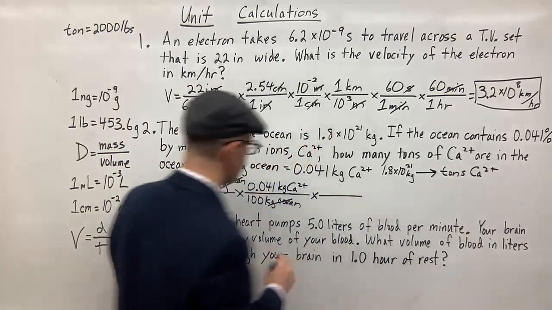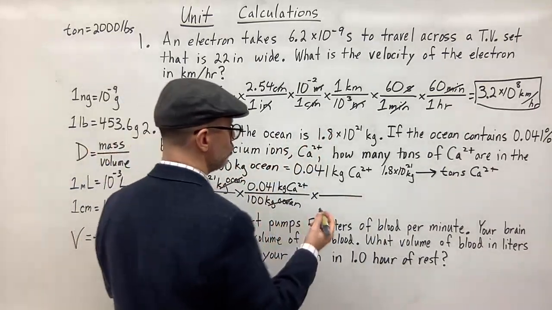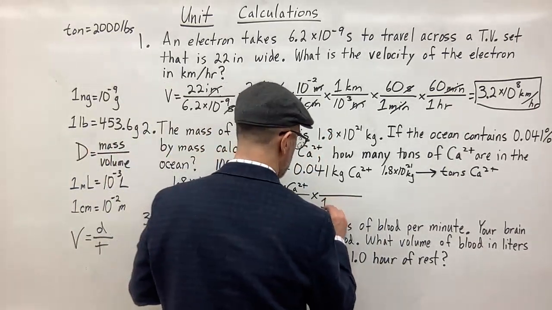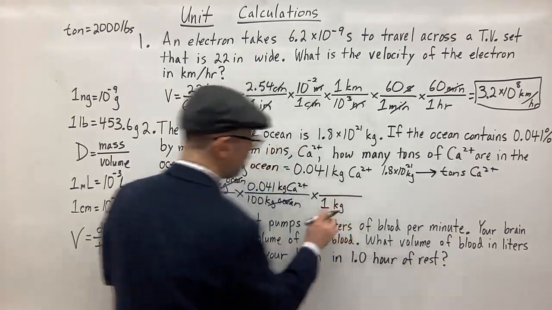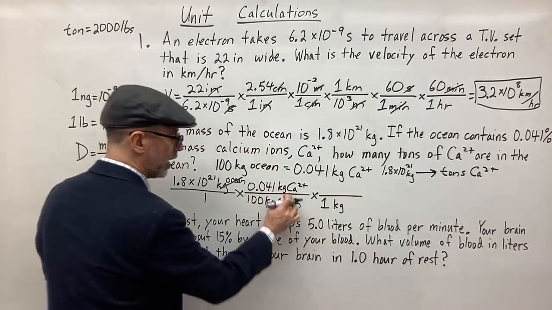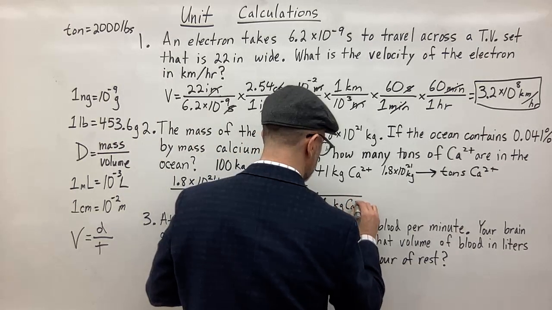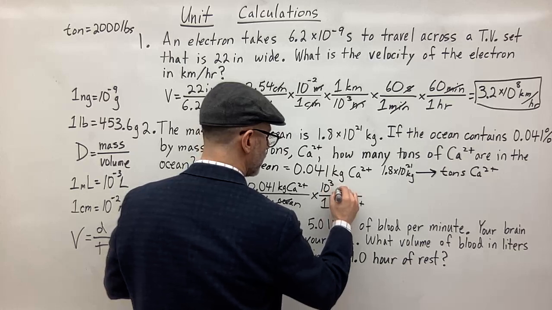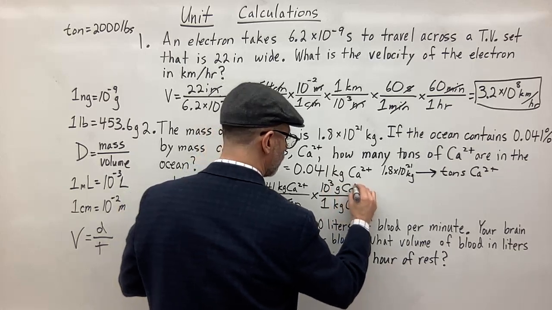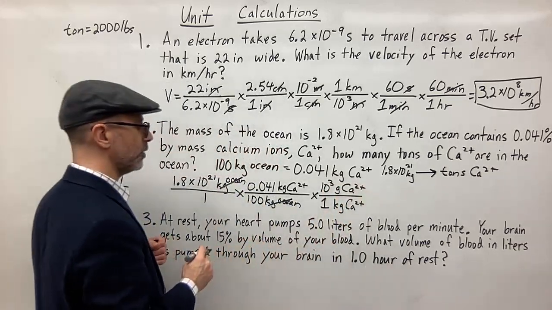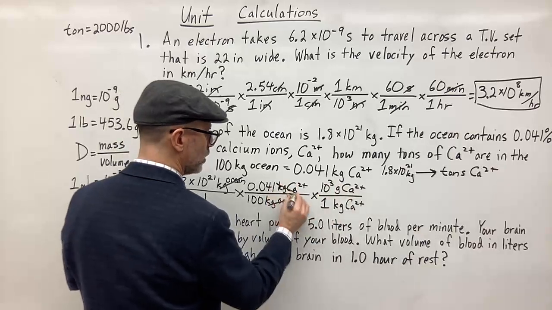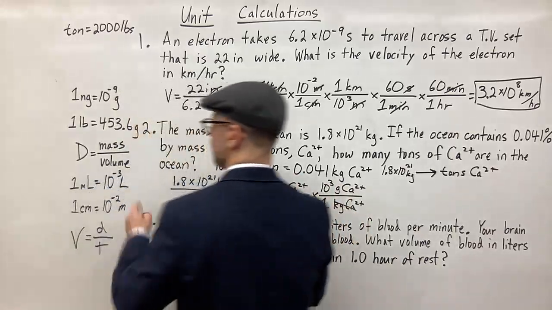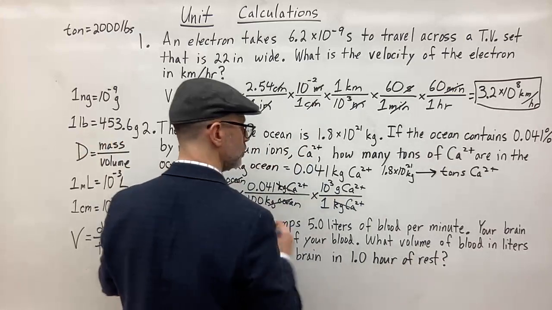So 1 kilogram is equal to 1,000 grams. So 1 kilogram on the bottom, since I have kilograms up here, and 1,000 grams of calcium 2 plus on the top. So kilograms cancels out. Now I can use this to get to pounds.